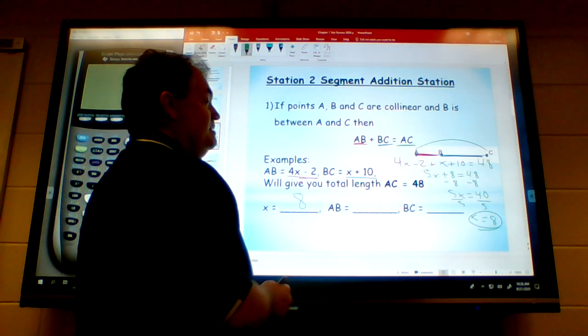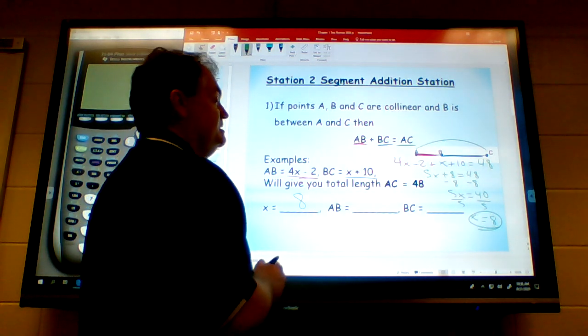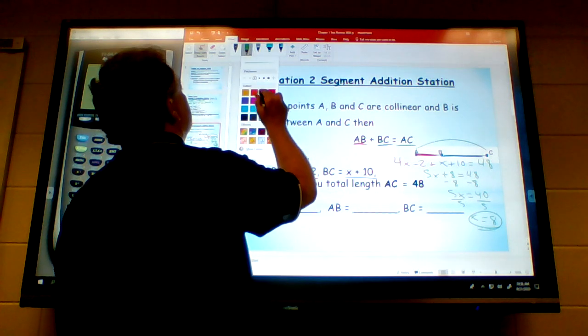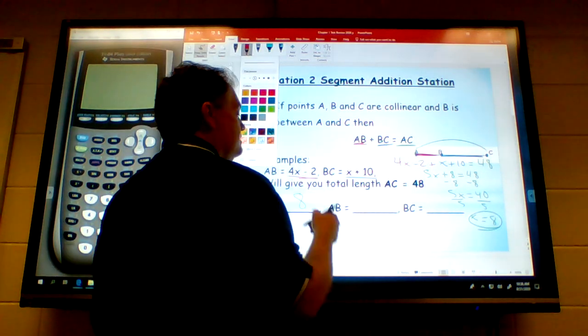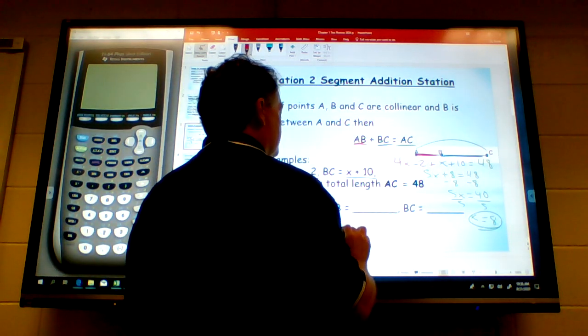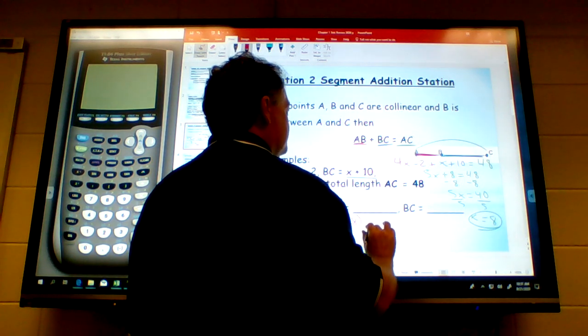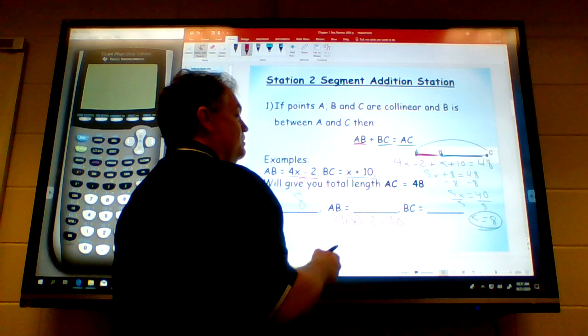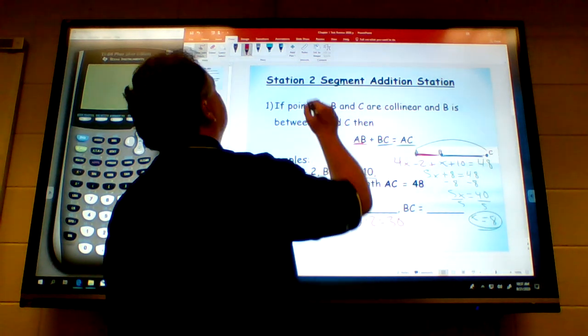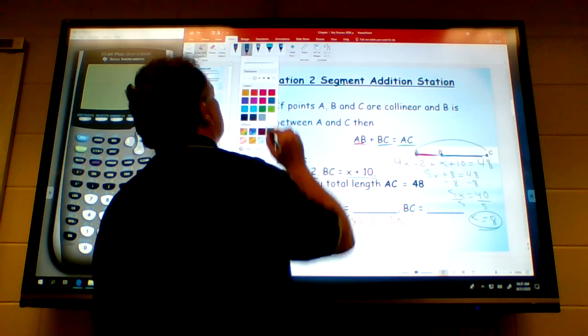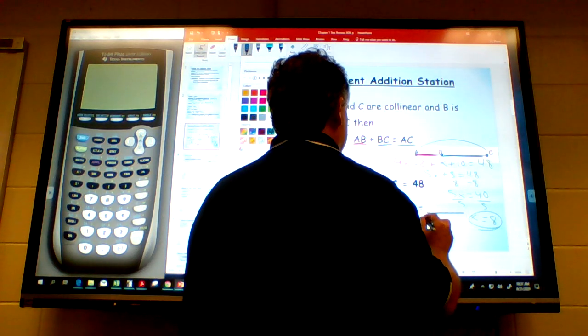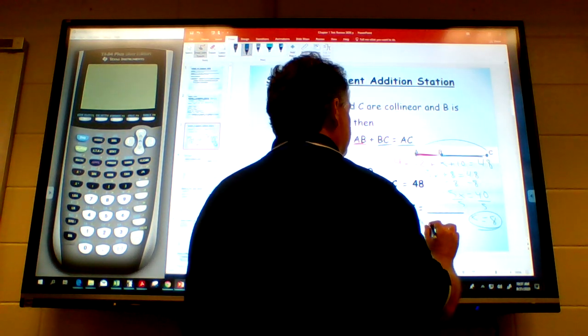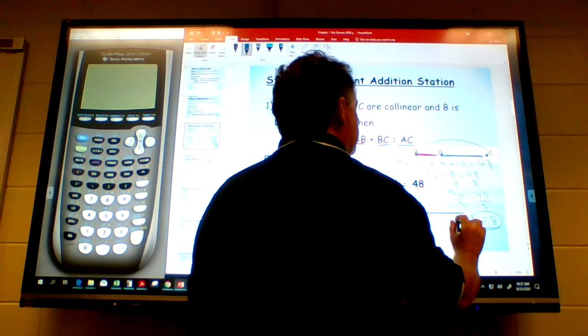I need the value of AB, and I need the value of BC. So all I have to do is plug in my x value. So it's going to be 4 times 8 minus 2, which is 30, because 32 minus 2 is 30. And then BC is going to be 8 plus 10, which is 18.